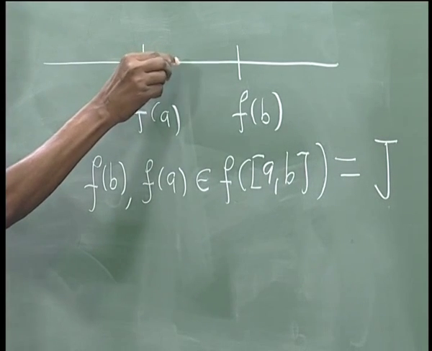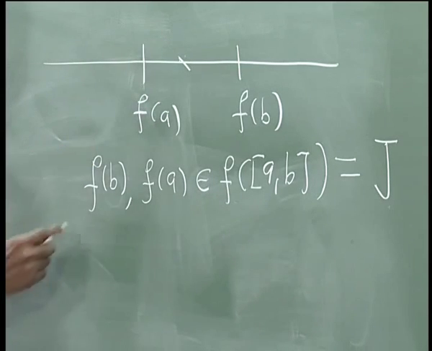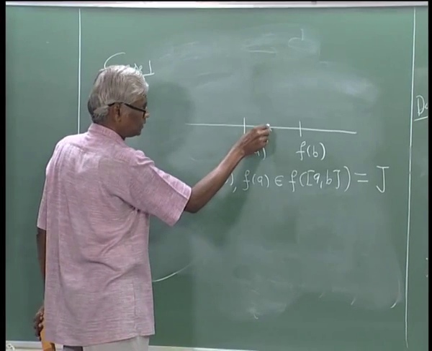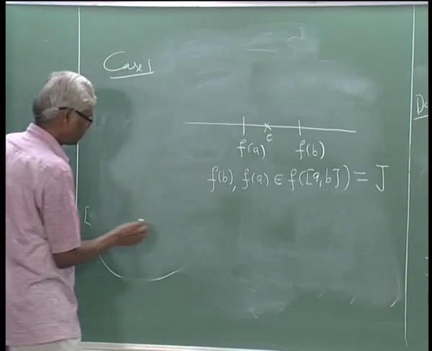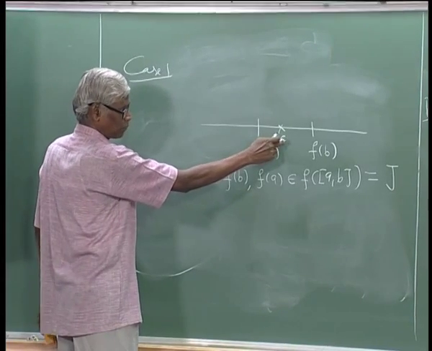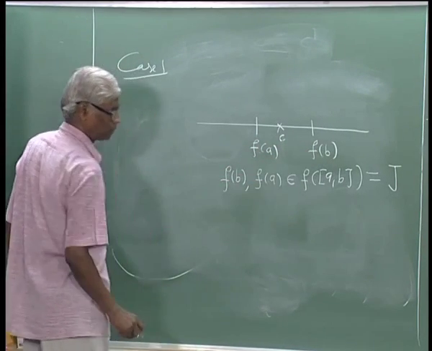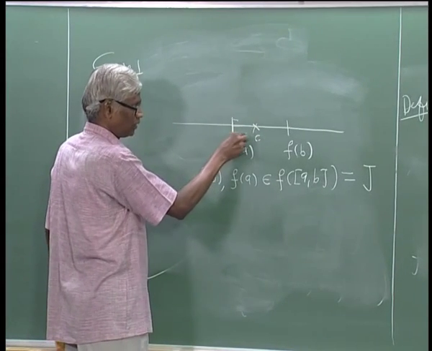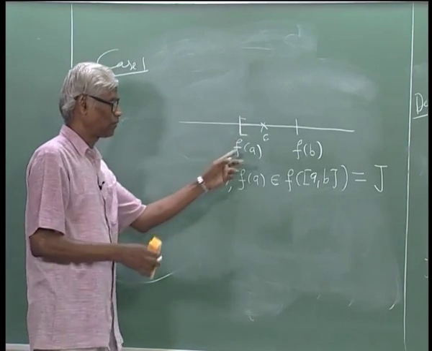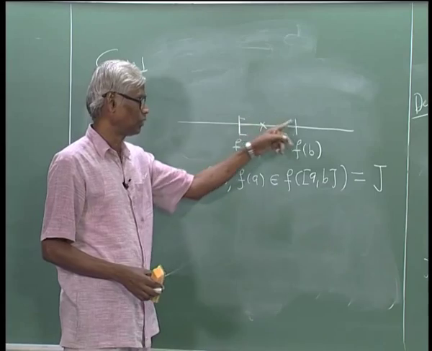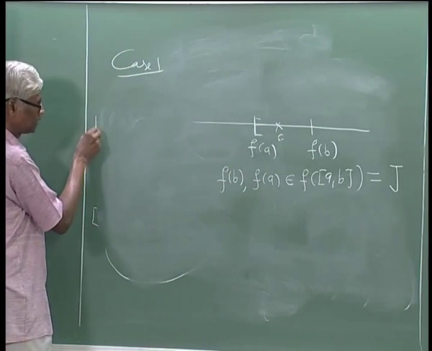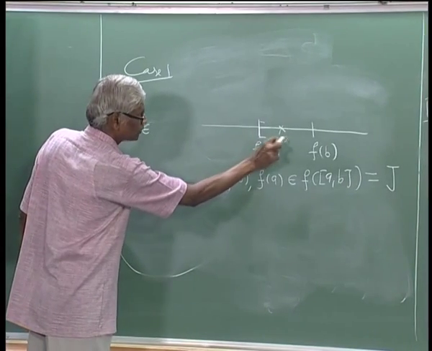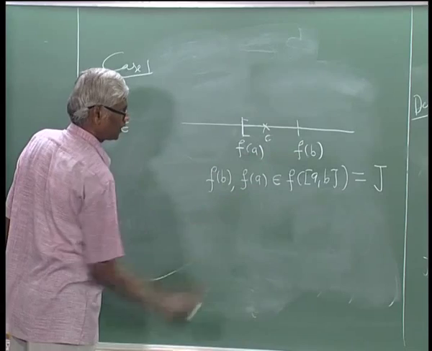Now consider any element C, a point between f of a and f of b. If C equals f of a, then f of a is C, so we will assume that C is in the open interval, a point between f of a and f of b.